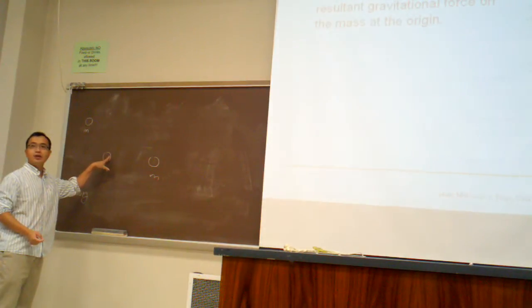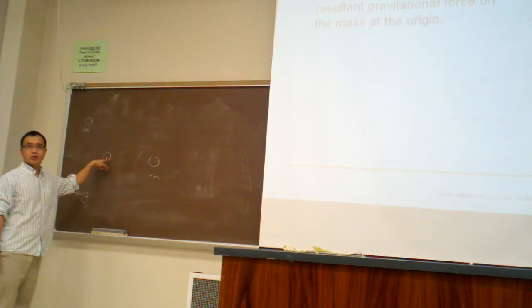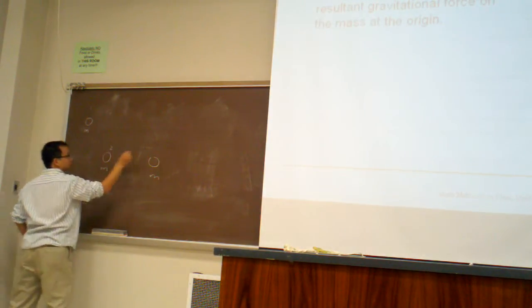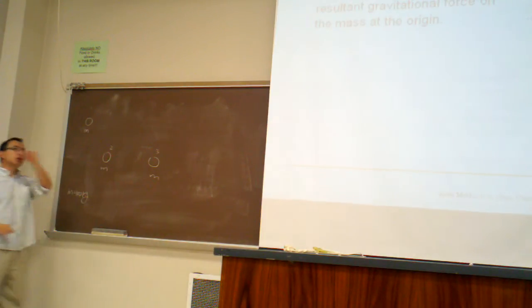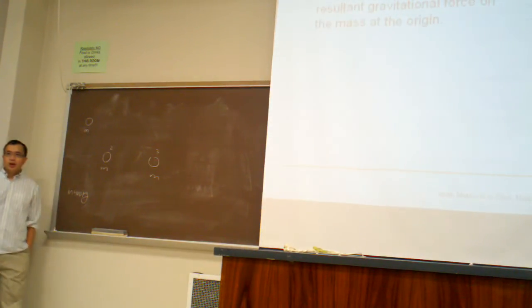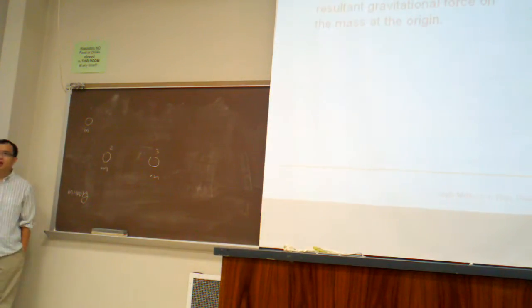So we are going to calculate the net force acting on this object. Okay, so we call this 1, this is 2, this is 3. We want to calculate the force acting on the second mass here. Now, we want to do the force analysis. How many forces act on the object here? 2.